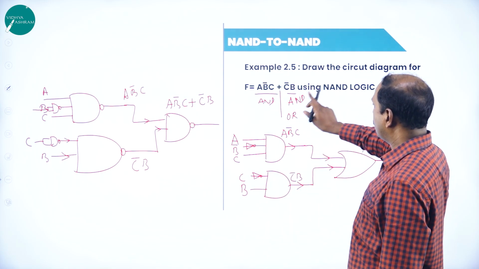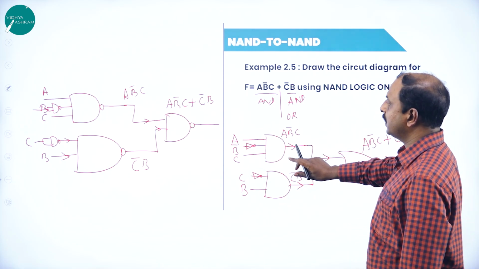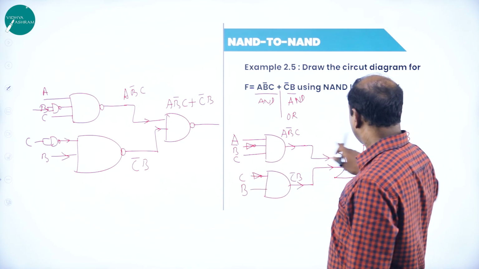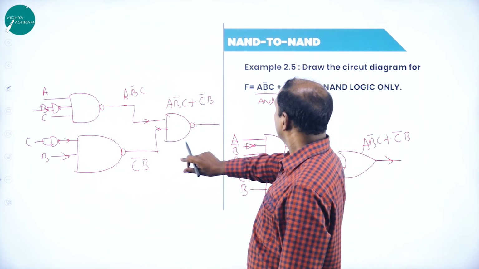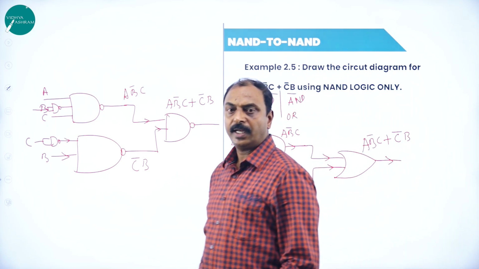First we have to give an equation, we have to draw the circuit diagram by using basic gates, then we have to replace all the basic gates with NAND gates. So this is how to derive a circuit by using NAND gate only.